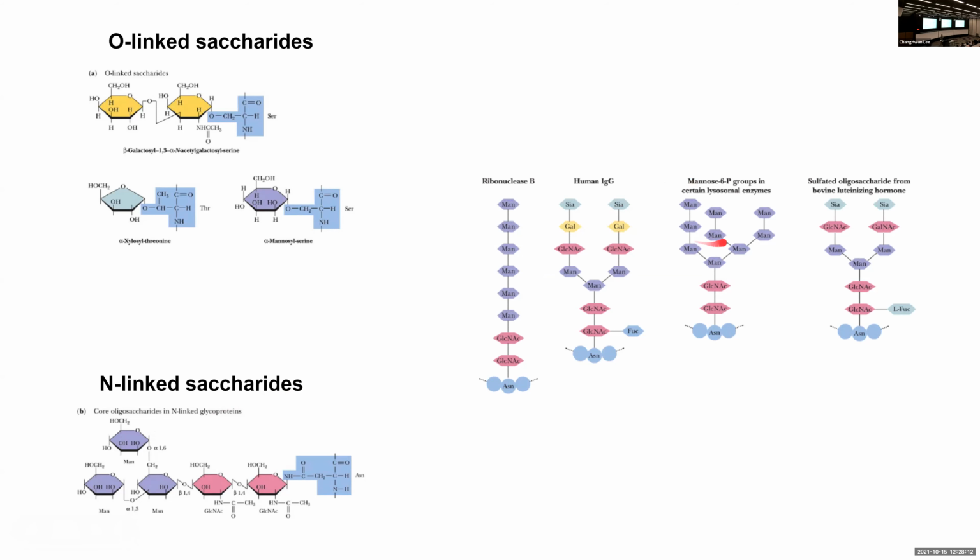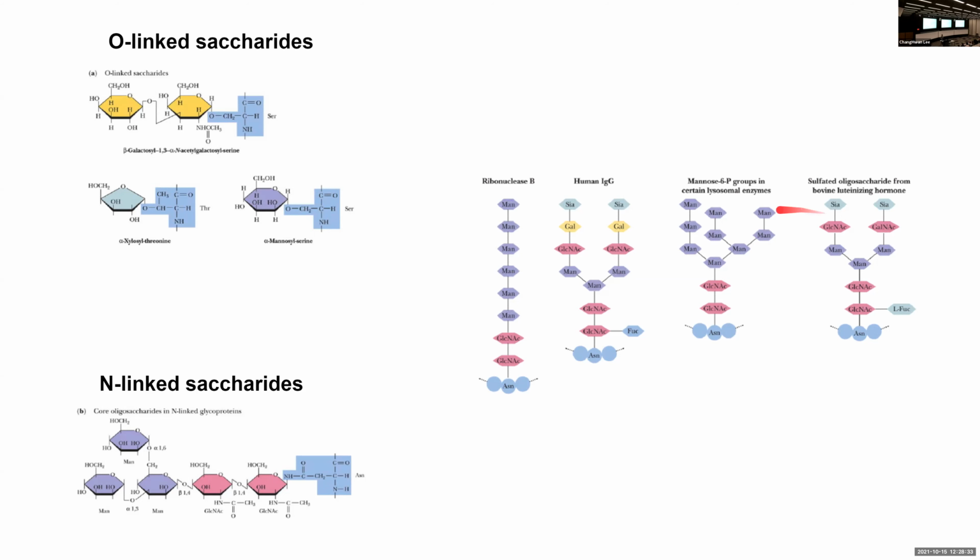These are examples of the sugar decoration on the glycoproteins. So you can have GlcNAc, mannose, in different numbers, to form a certain protein. This is ribonuclease B. Human immunoglobulin G has branchings too, mannose and then GlcNAc and so on.